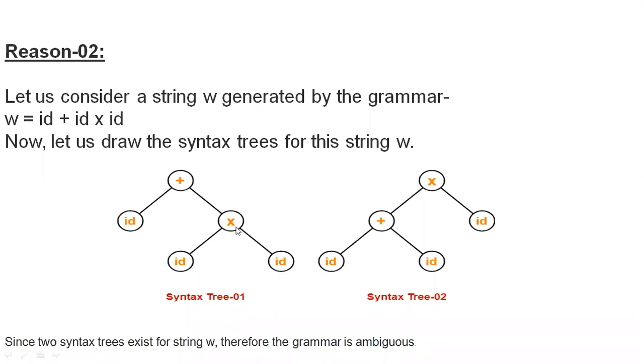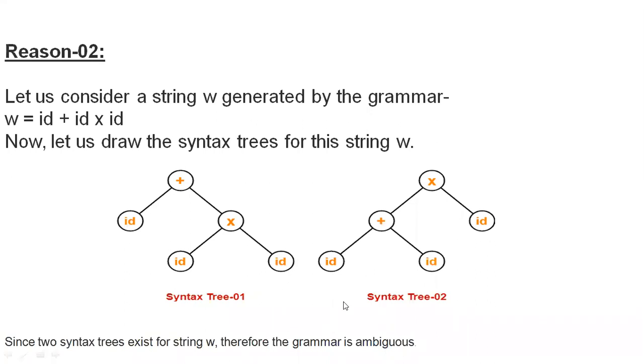The operators become the parents of the operands, right? In the given input string, plus and multiplication are the operators. ID, these are the operands. So operands are the leaves and operators are the root nodes. This is the way of representing a syntax tree.